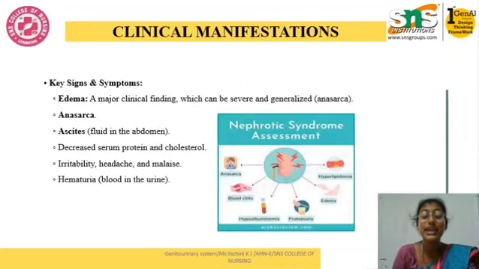The main aspect is clinical manifestations, from mild ankle puffiness to full body edema, plus ascites, which is a bloating belly. In labs, note the low serum proteins and high cholesterol, and the patients feel irritable and itchy, along with malaise. Don't miss hematuria, which is blood in the urine.